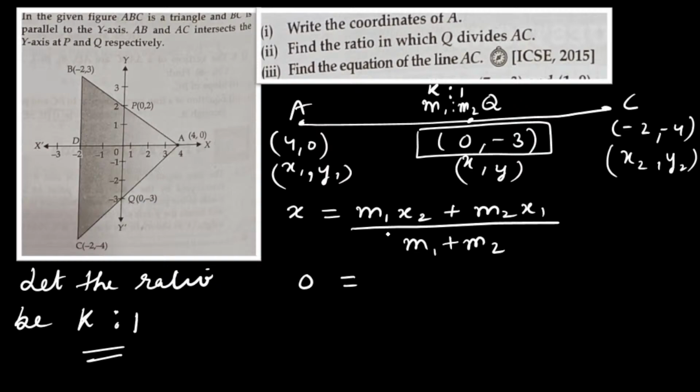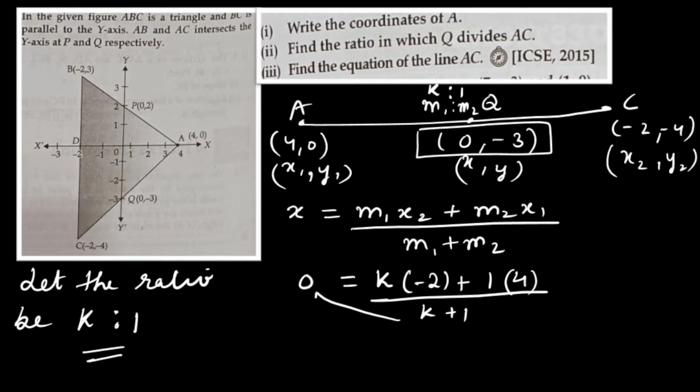Substituting: m1 is k, x2 is minus 2, plus m2 is 1, x1 is 4, by k plus 1. Now k plus 1 will shift to the other side, with 0 it will get multiplied. Now k into minus 2 is minus 2k, plus 4 into 1 is 4.